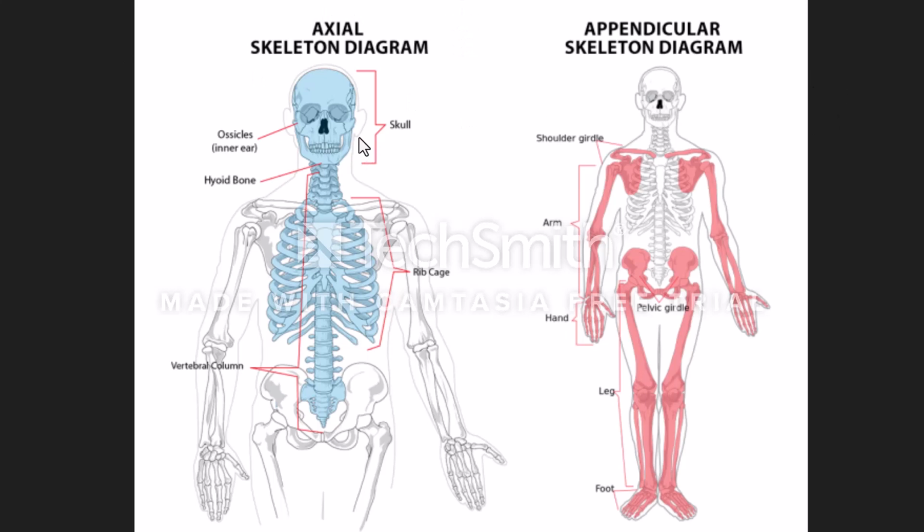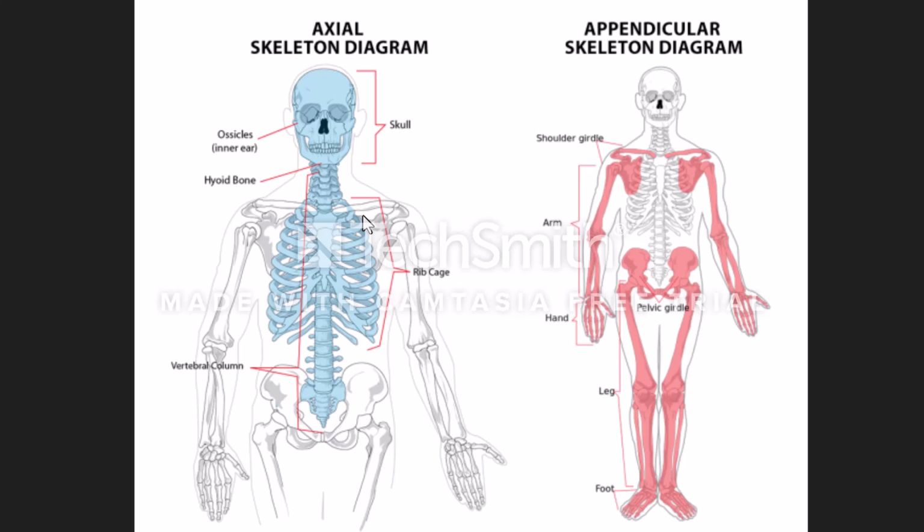The appendicular is 126 bones of the appendages, arms and legs, and the girdles, shoulder and pelvic, that connect them with the axial skeleton and provide support and flexibility.